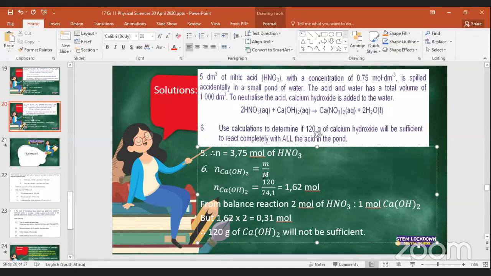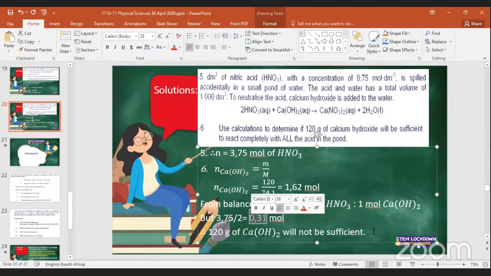So what does that mean? It simply means to neutralize the acid, you have to divide this by 2. You have to divide 3,75 by 2 to know the number of moles of a base that you are going to need.